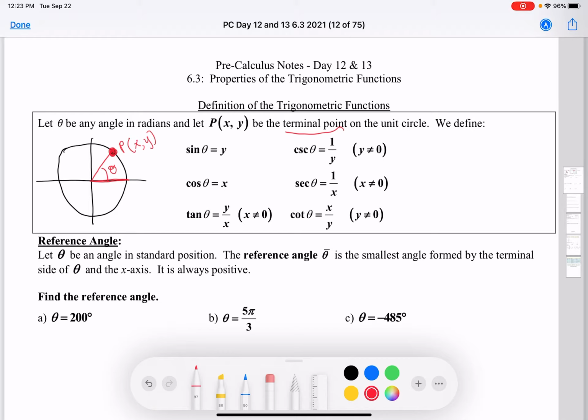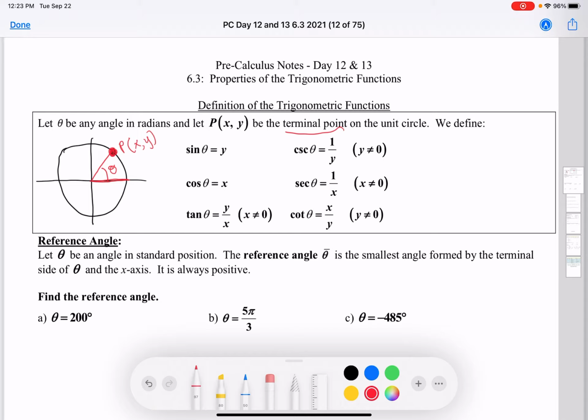So we know the sine is the y value. We know cosine is the x value of our coordinate pairs. And we have talked about how tangent is related to sine and cosine. So tangent is sine over cosine, or in other words, y over x. And then we've talked about how each of these trig functions is related to another trig function.